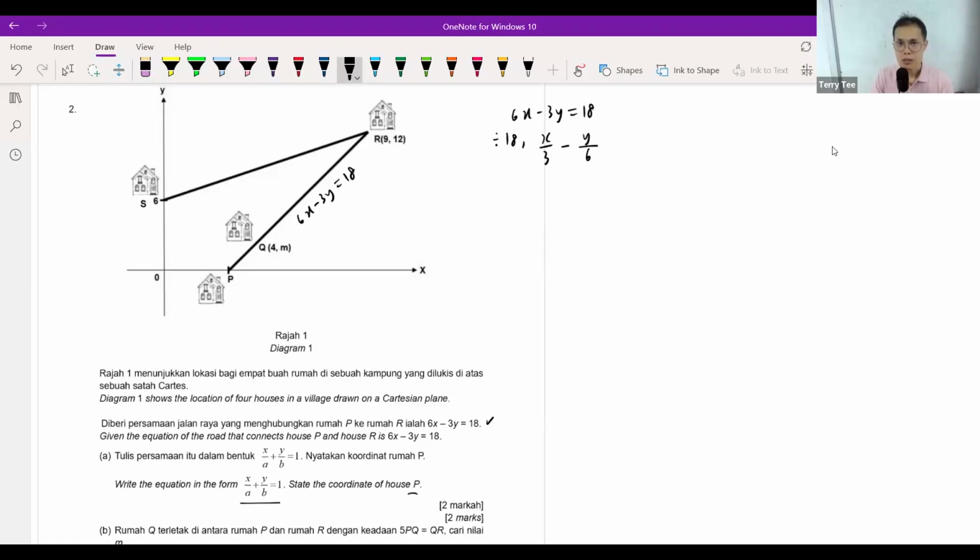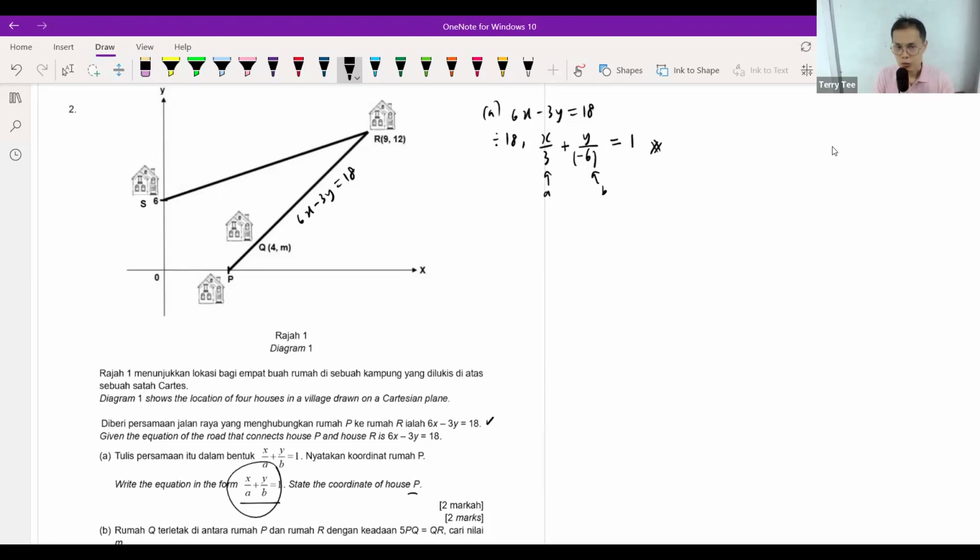There's a negative here, so I write plus y over -6, keeping the negative below the 6. Then 18 divided by 18 is just 1. Why do I do that? Because we need to show that this is your a, the x-intercept, and this is your b, the y-intercept. You're supposed to write in this form, and that's it. Only 1 mark.